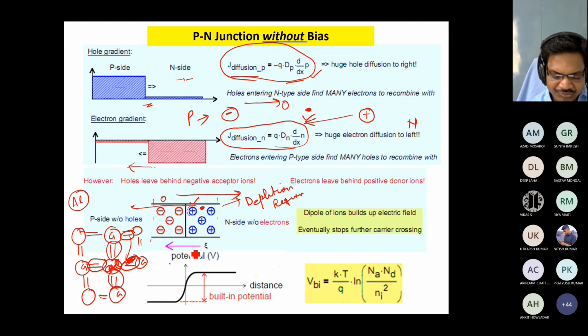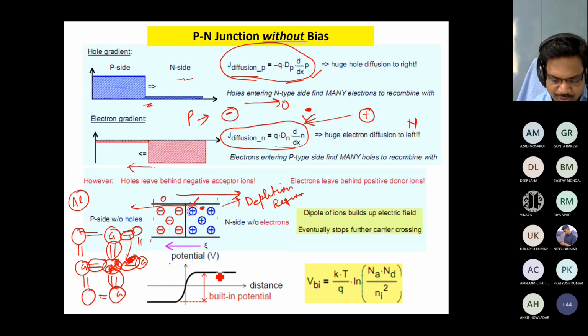Whenever this built-in potential is sufficient to stop further movement of the electrons and holes, the equilibrium condition will be reached.